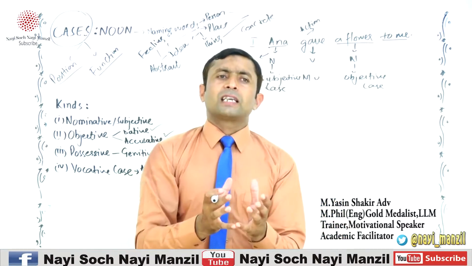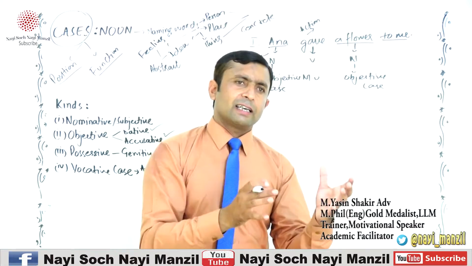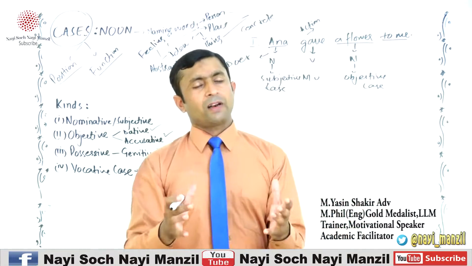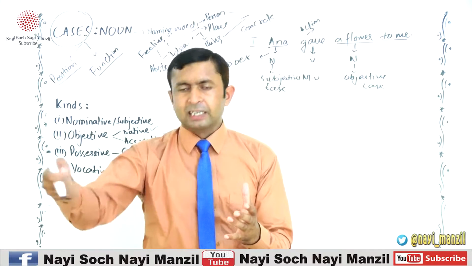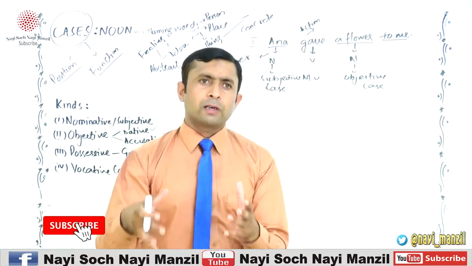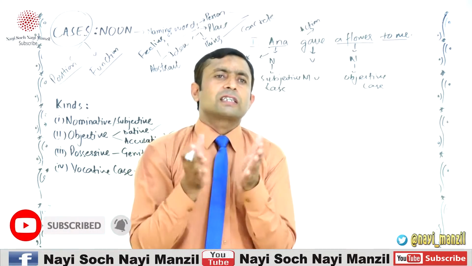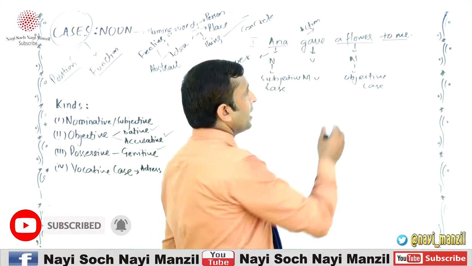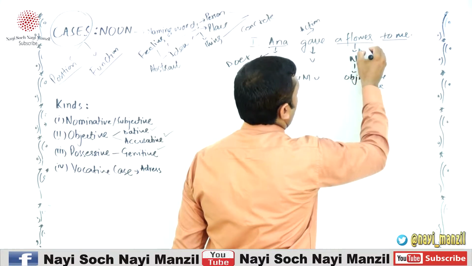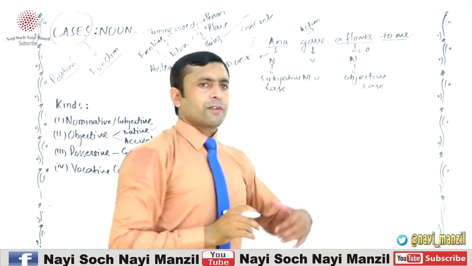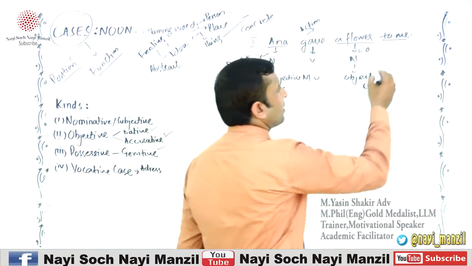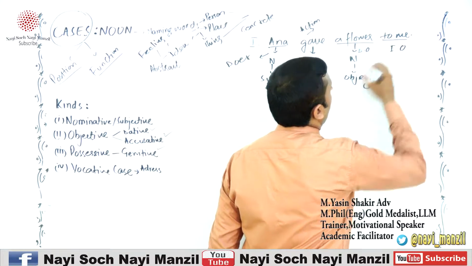Which was the object on which Anna does her work first? Definitely, first she picked up the flower. It was the flower that was at first affected. Then it's the direct object. And the rest of the object is obviously the indirect object.